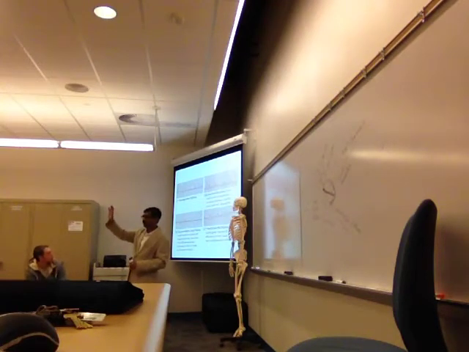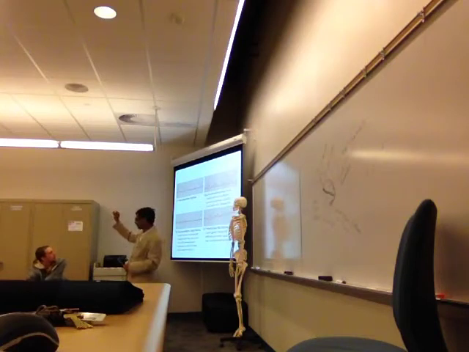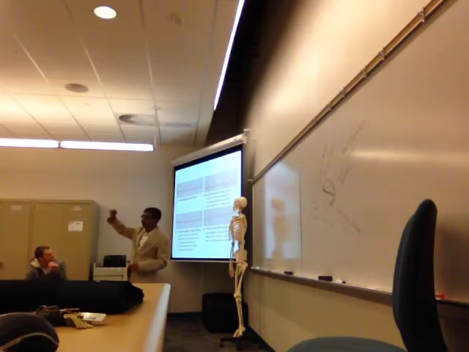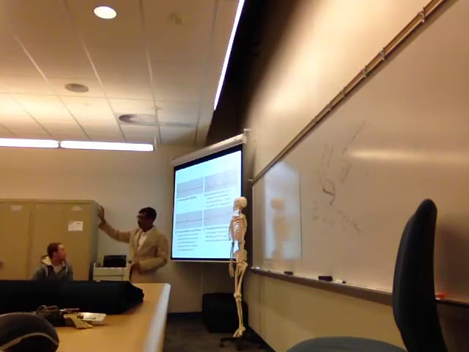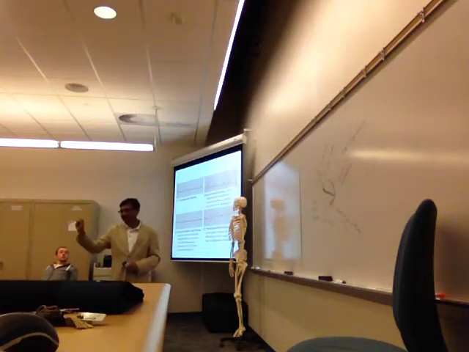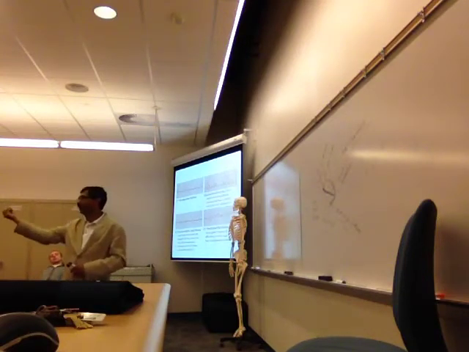That's why QRS is that big, because ventricular contraction is very powerful. Atrial contraction is weak. So P is atrial contraction or atrial depolarization, QRS is ventricular contraction, and then T is ventricular relaxation.